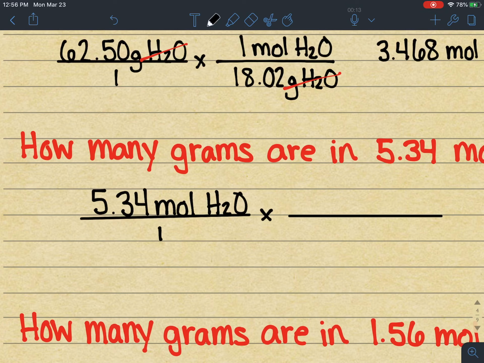Last example in your notes, how many moles are contained in 456 grams of copper 2 phosphate? Well, before we even begin this problem, let's go ahead and write out the formula for copper 2 phosphate. So Cu 2 positive, and then phosphate is PO4 3 negative.